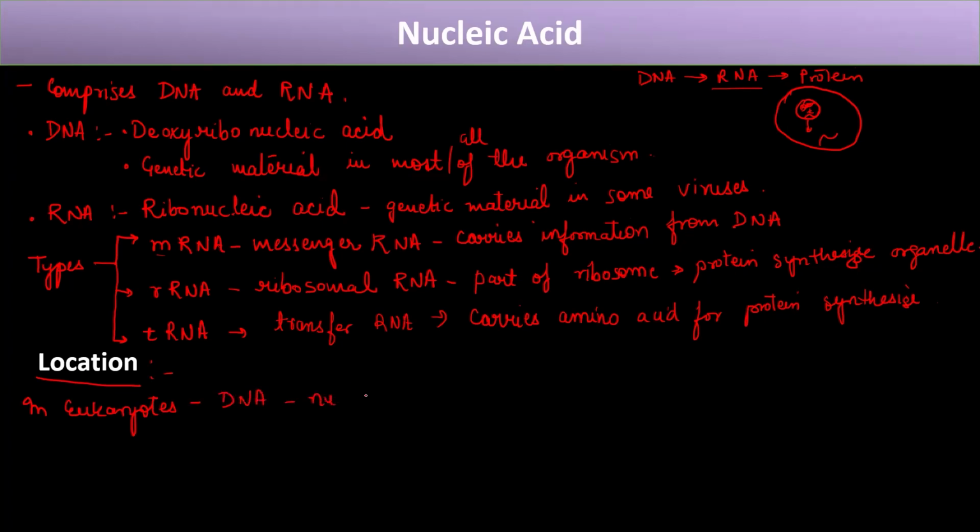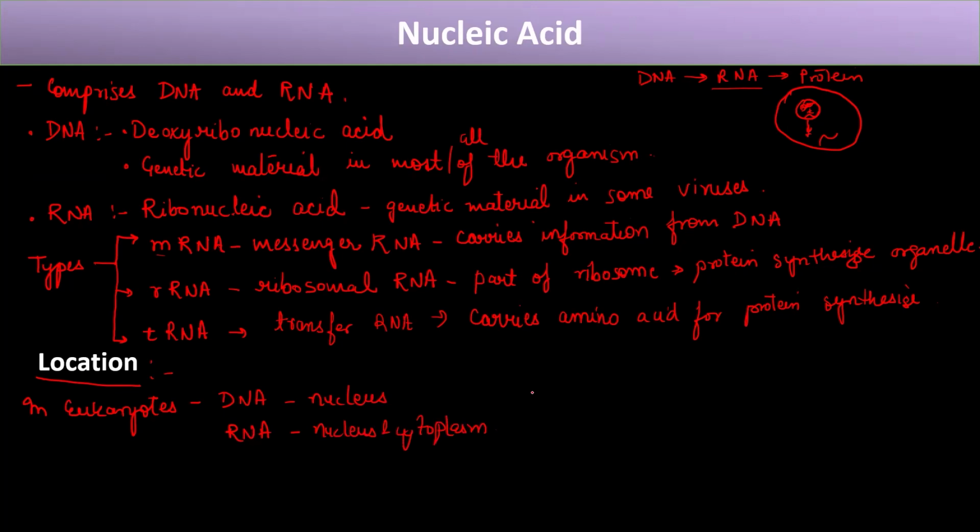But the messenger RNA is encoded in the nucleus and then comes outside into the cytoplasm, right? So you can write that the RNA is present both in the nucleus and cytoplasm. Or if in the options only cytoplasm is given, then you can also opt for the cytoplasm.